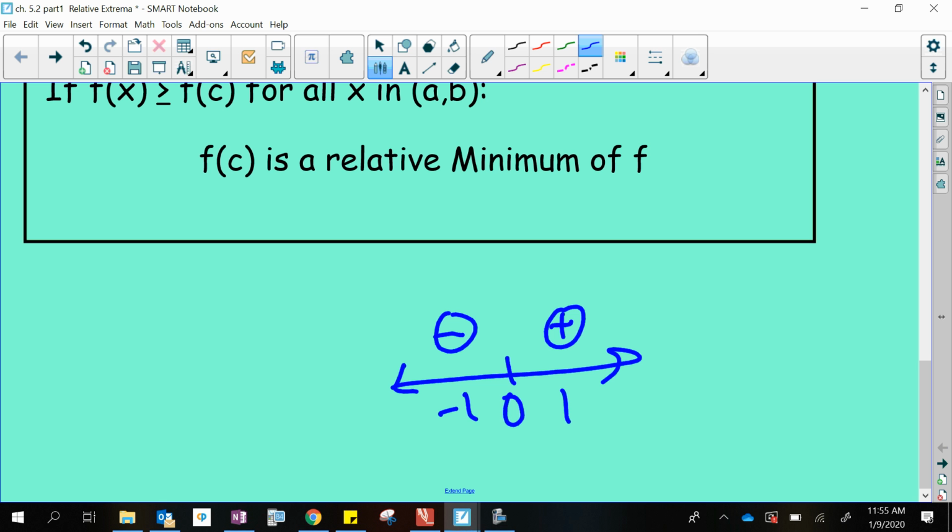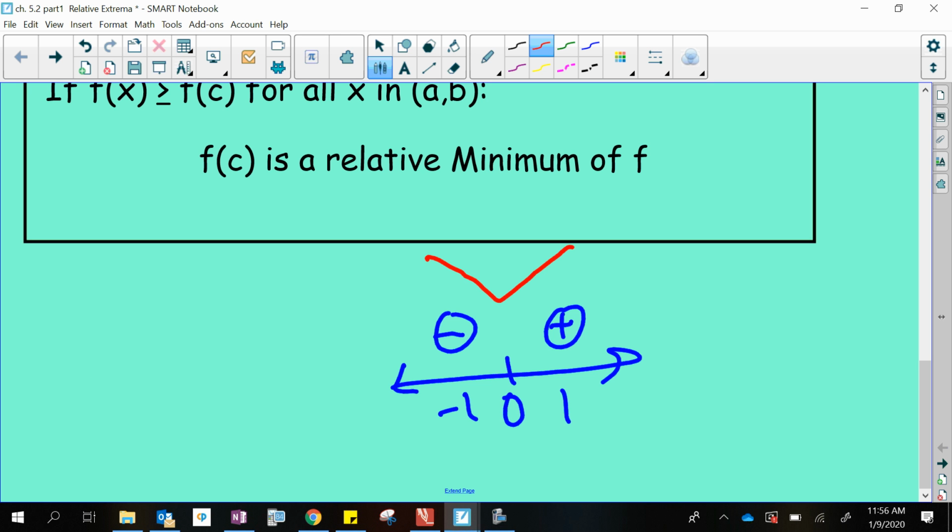It was decreasing coming up to 0, and then increasing. So if we know that, then what is happening at 0? Is it a max or a min? It's a min, right? How do we know it's a min? It's going down and up, right?